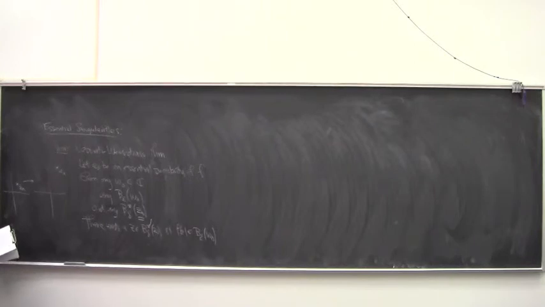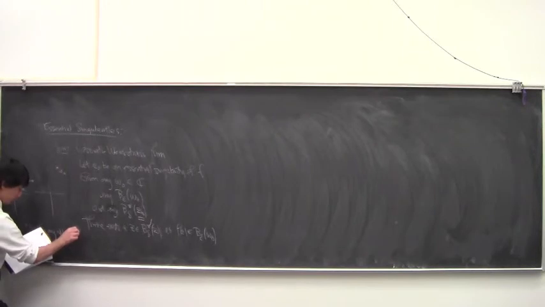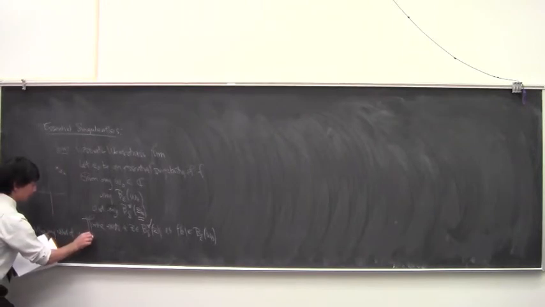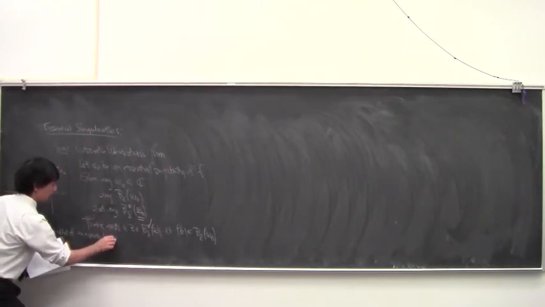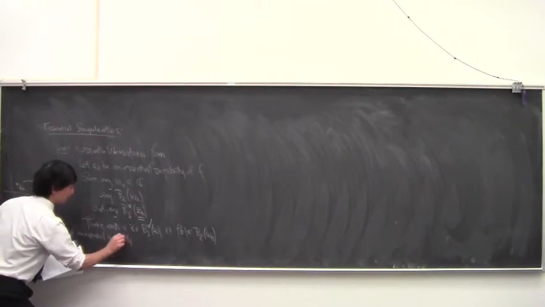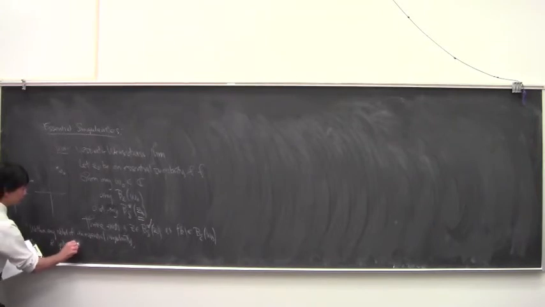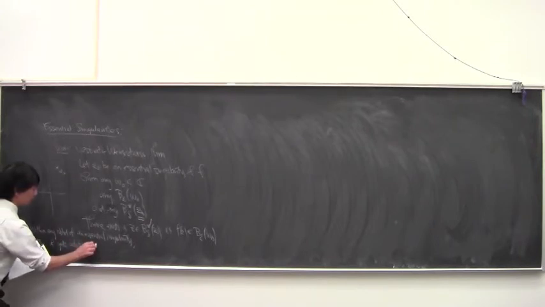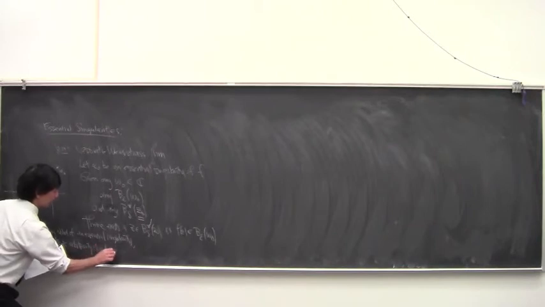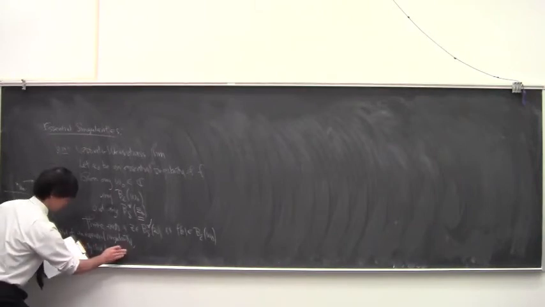So, in English, within any neighborhood of an essential singularity, f gets arbitrarily close to every complex number.